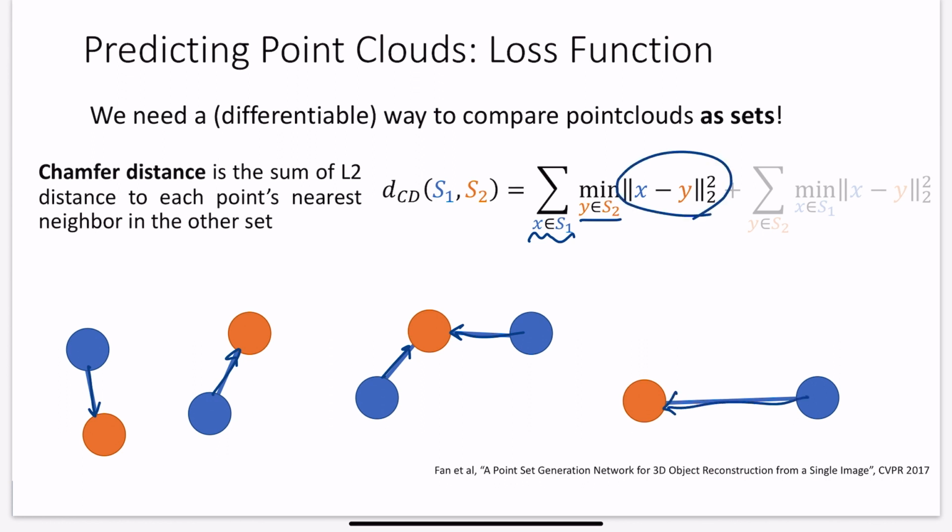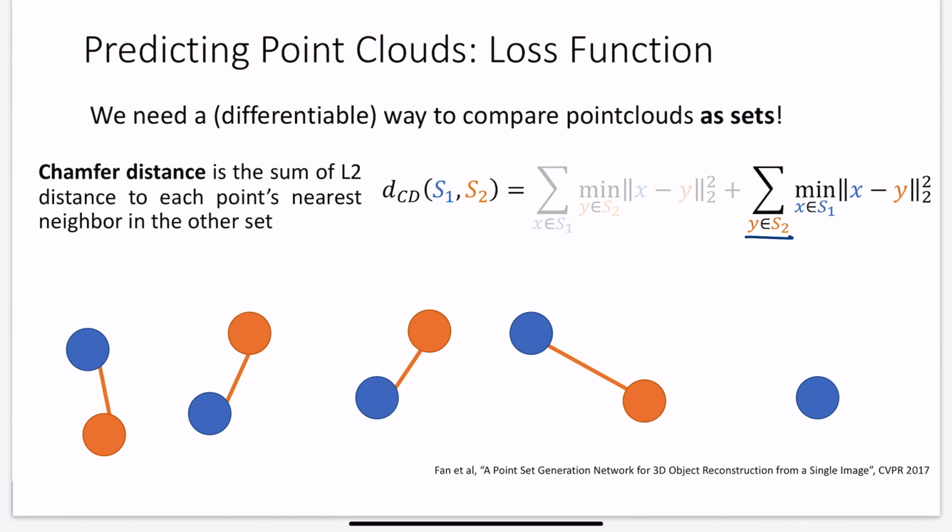Then just measure the distance. It's not a dot product, it's just the L2 norm between the two points. So this is x1, 2, 3, and this is y1, 2, 3. Just measure the L2 norm between x and y. Similarly, for each point y, find the nearest neighbor x, here and here, then measure the L2 norm.